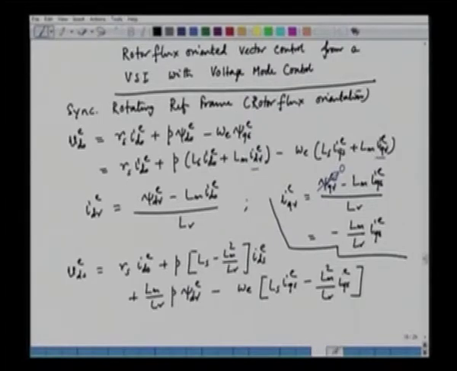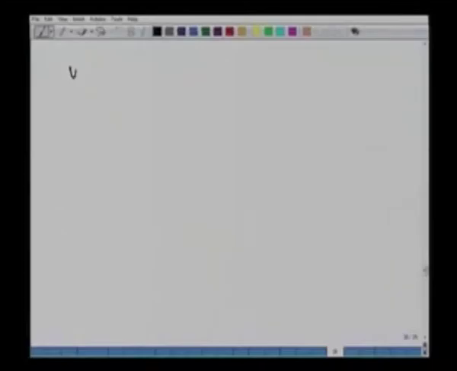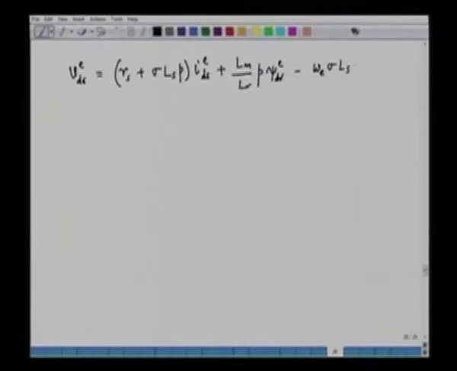And this can further be simplified in the following fashion, that VDSE is equal to RS plus sigma LSP into IDSE plus Lm by Lr P psi dr E minus omega E sigma Ls IQS.